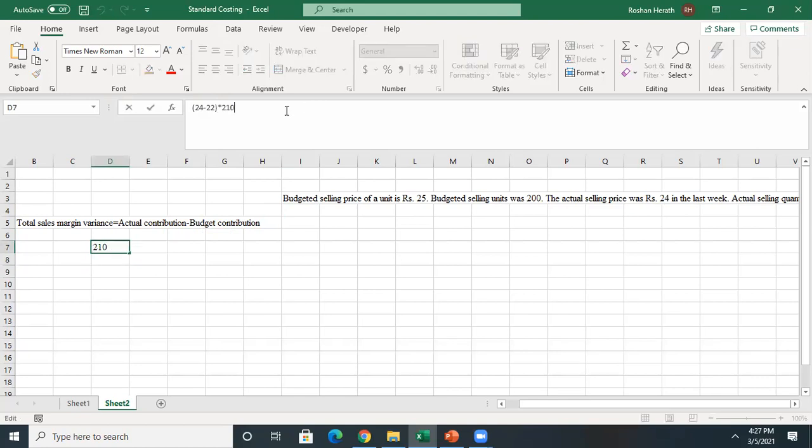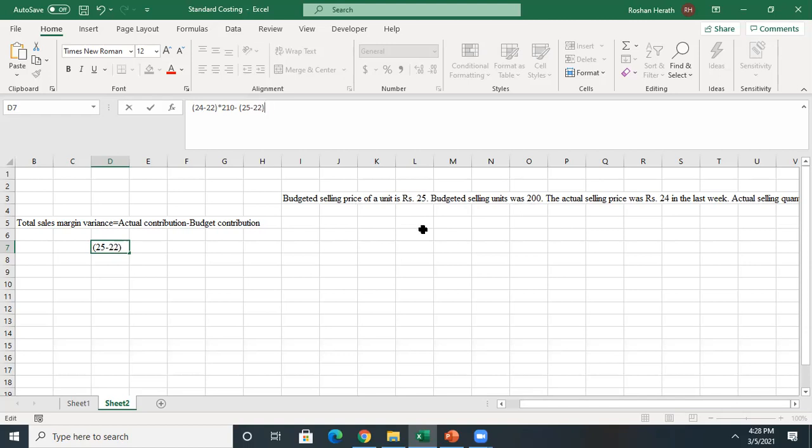Then from this, you need to deduct the budgeted contribution. So the budgeted selling price is 25. You thought of selling them at 25. Then the budgeted or the standard variable cost 22, into the budgeted number of units.